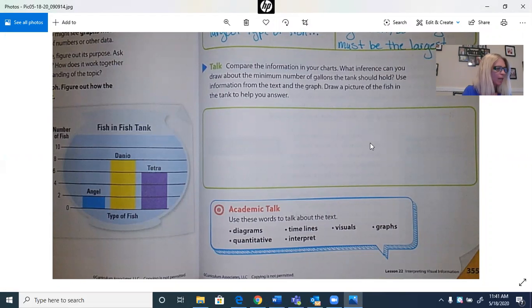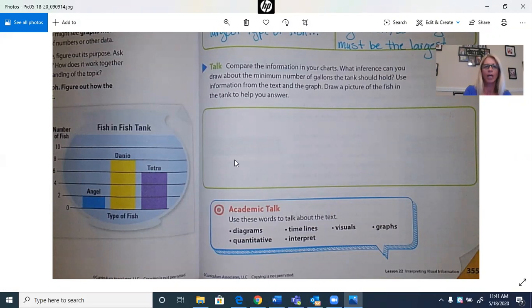So if you look at the text, it says, I helped my science teacher set up a fish tank. The tank has 3 types of fish. We put in just 2 of the largest type and many of the smaller. The tank is large enough to follow this rule. Each fish needs about 1 gallon of water to be healthy.